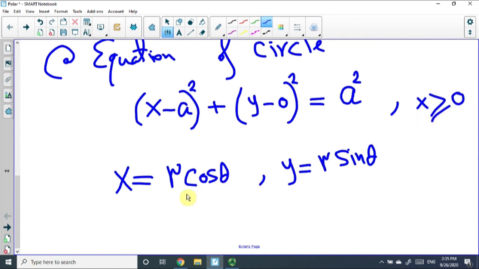Because x is always greater than or equal to 0, and r is always positive or could be 0, that constraint means cosine theta has to be positive, and that means theta has to be in the first and fourth quadrants.